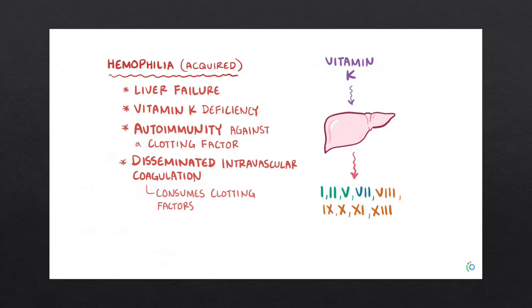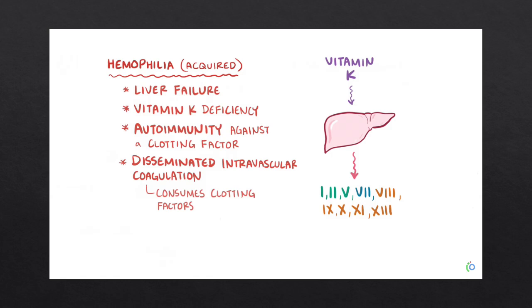Factor 8 and 9 deficiency can result from liver failure. Vitamin K deficiency, because factors 2, 7, 9 and 10 are dependent on vitamin K, can also trigger the deficiency of other factors.